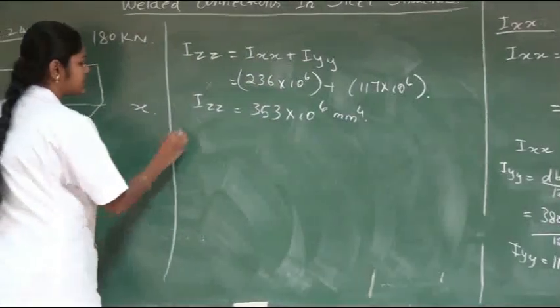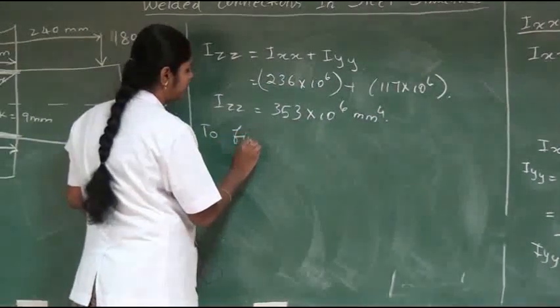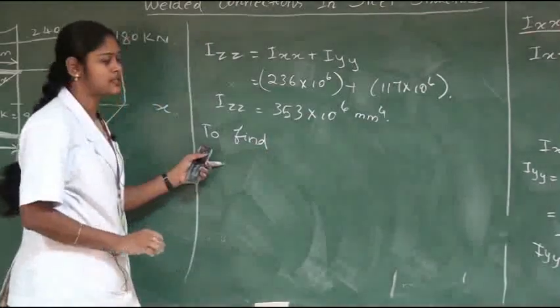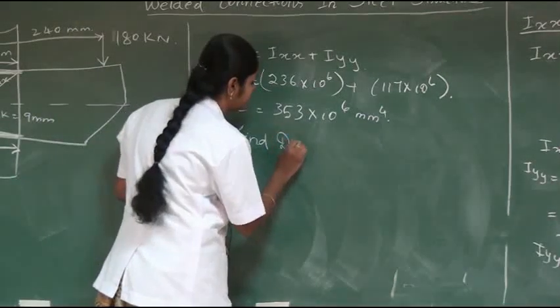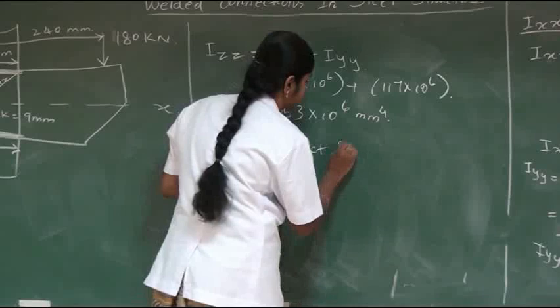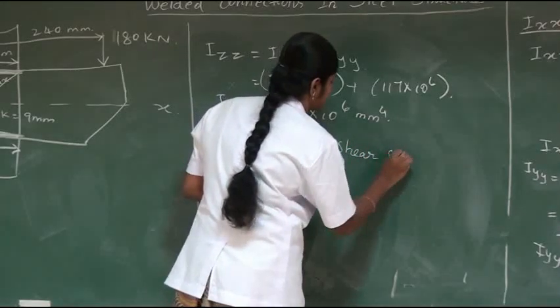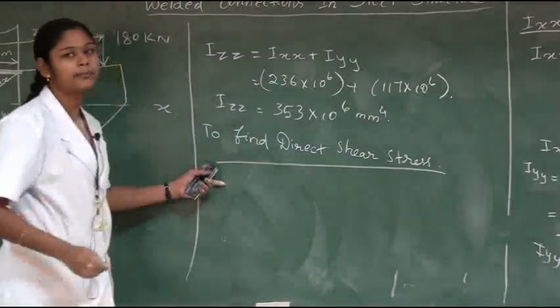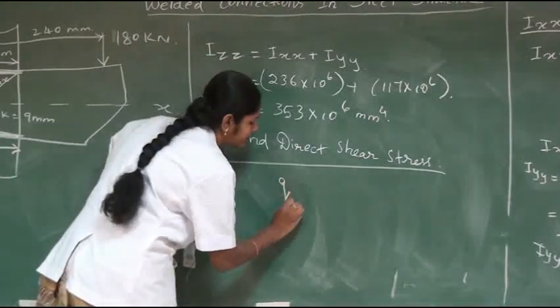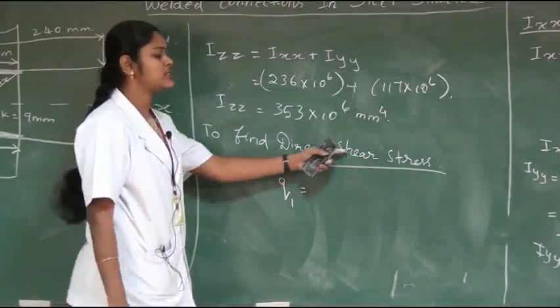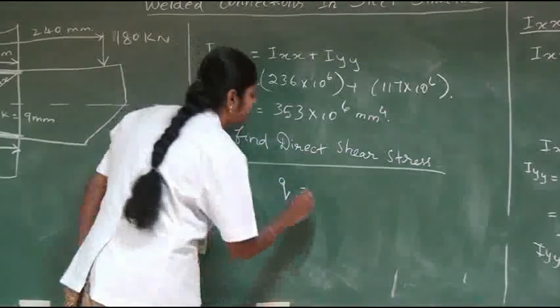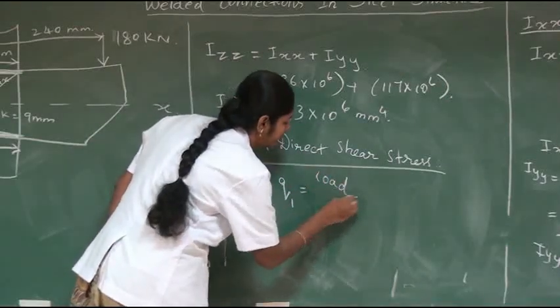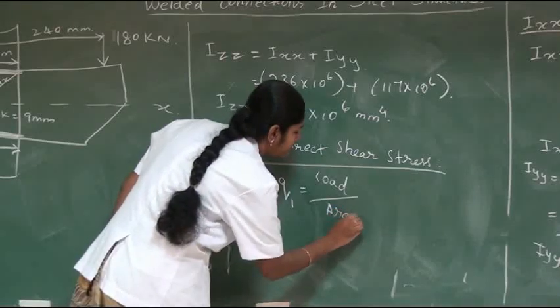Then the next step is to find the direct shear stress, which is denoted by Q1. For stress we know the formula is load by area, load divided by area.